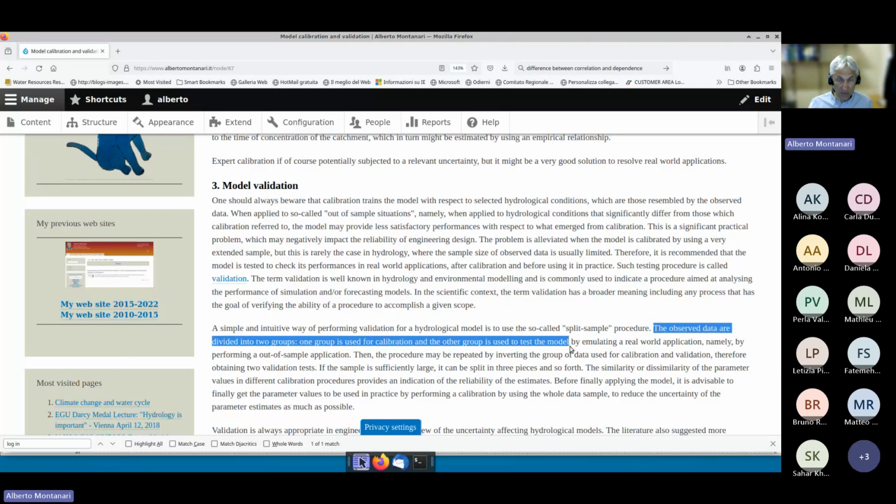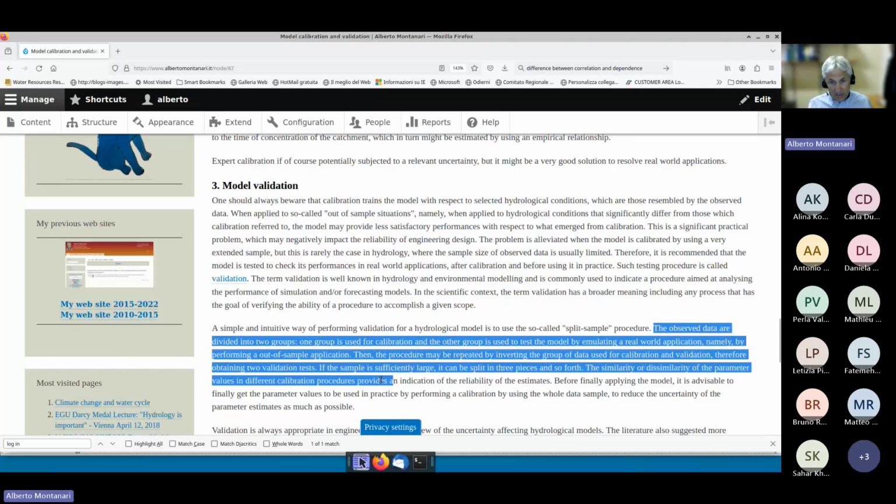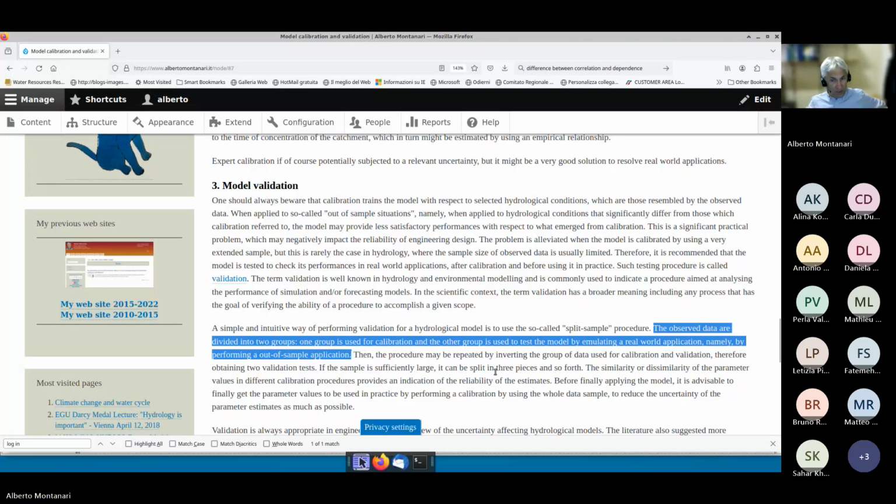So the model is tested with respect to data that were not used in calibration, the data from the other group. In this way, we emulate a real-world application. So we perform an out-of-sample application. Perfect. So you have a set of observed data. You split the observed data into groups. One group is used for calibration. The other group is used for validation. It is a straightforward procedure. It is what we obviously would like to do.